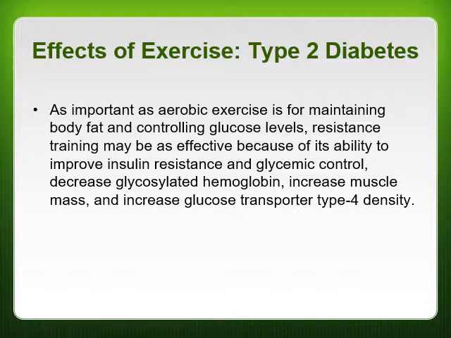So not only is aerobic exercise beneficial with type 2 diabetes, but resistance training is too. These are things that someone with diabetes as an older adult, and really anywhere for that matter, should incorporate because it can actually help to improve their quality of life and of course increase muscle mass, and so forth.